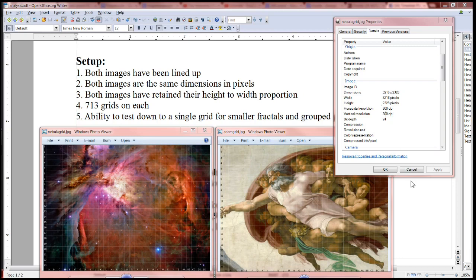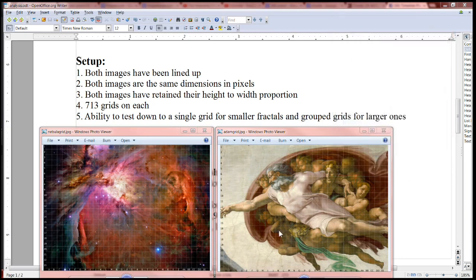So inside these images we have a division of grids. In each one of these images we have a total of 713 grids that consists of 1 through 23 and A through double E in order to be able to use for analysis. And so we have the ability to test down to single grids.